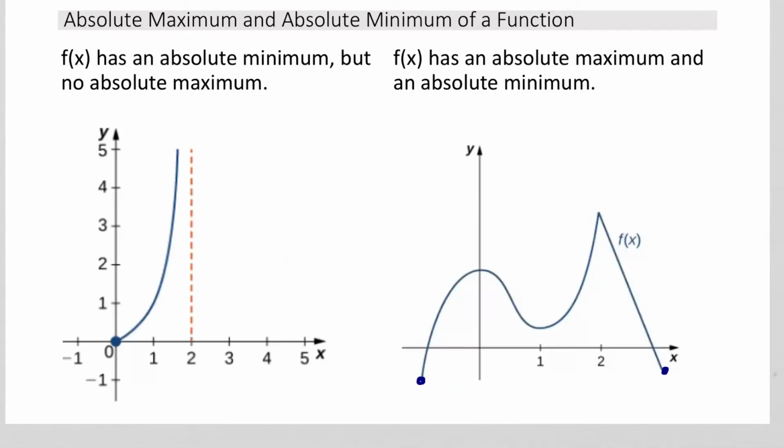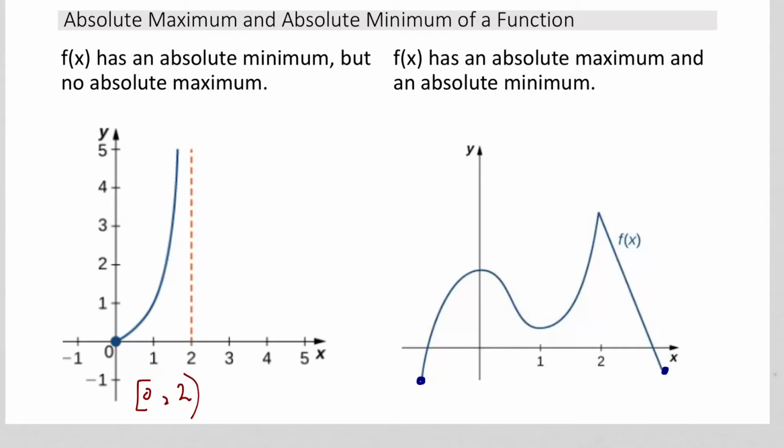So taking a look at this graph here, it has a vertical asymptote at x equals 2. We could say our domain is square bracket 0 to 2 with a round bracket, meaning the graph is approaching 2, but 2 is not in the domain of this function.